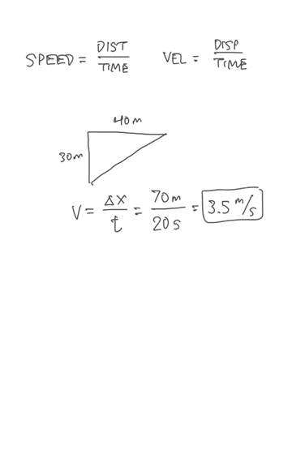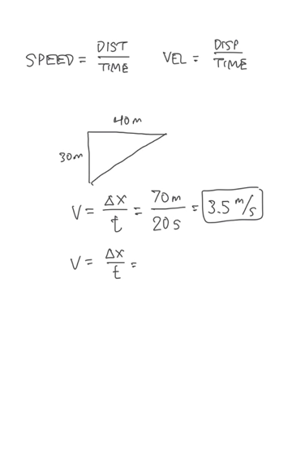In part C, calculate the magnitude of the dog's average velocity during the same time interval. So, same equation, v equals delta x over t, only this time the delta x represents the displacement. If you look back at this triangle, because it's a right triangle, you can just use the Pythagorean theorem to solve for this hypotenuse.